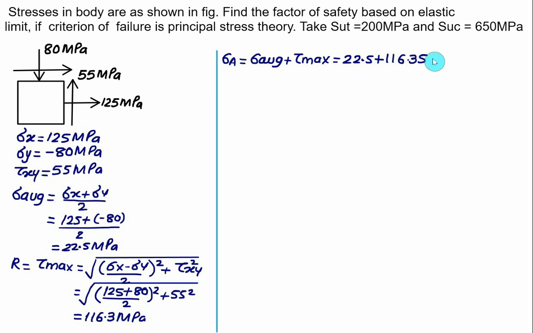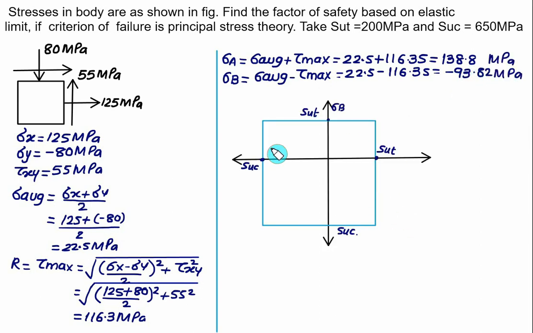So the principal stress sigma A will come out to be 138.8. Sigma B is the second, lower value: sigma average minus tau max, 22.5 minus 116.35. So sigma B is always lower than sigma A. This time our answer is minus 93.82.